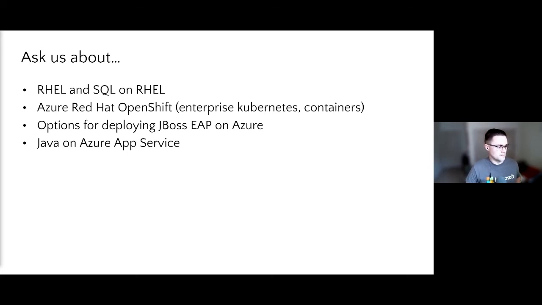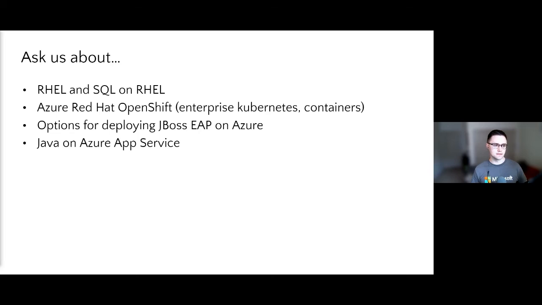Great question, thank you. So as customers would probably expect, we have a couple of different options. First and foremost, there's virtual machines. So if customers have JBoss EAP running on-prem, then they can deploy using deployment templates on virtual machines that Azure and Red Hat jointly support and manage.